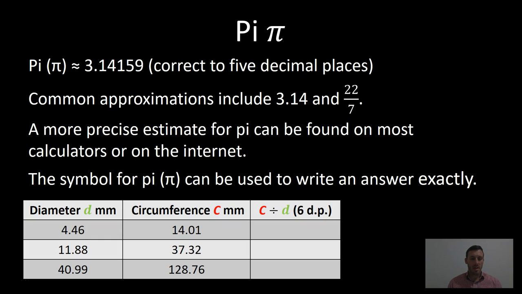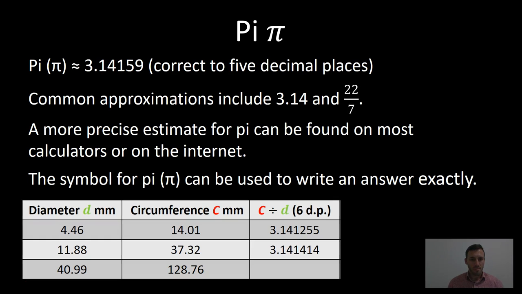Here I have a table identifying the diameter and the circumference of 3 circles. You'll find that if you divide the circumference of the circle by the diameter, approximated to 6 decimal places, we almost get pi. I do that for those 3 circles, and you'll notice that the number 3.14 approximately is where we get pi from.